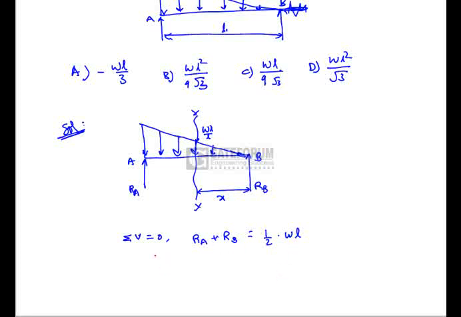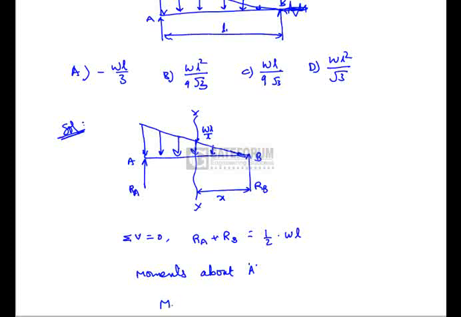Now consider moment about A. Take moments about A, that is at the support the moment is 0. For a simply supported beam, at the supports the resistance of moment is equal to 0.